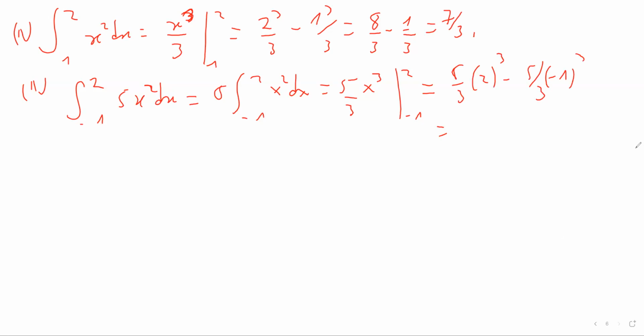So 5 times 8 is 40, minus 5 over 3. So this is 40 over 3 minus 5 over 3, which is 35 over 3.